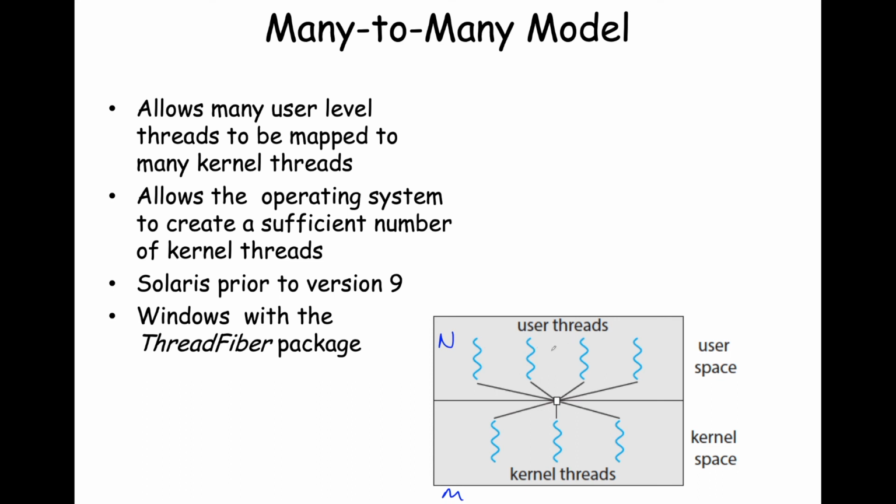Do what you want with it from the user space. And so in this case, the operating system is allowing you to create a sufficient number of kernel level threads. So you're bounding the number of kernel level threads, and then you're saying, okay, go ahead and take your budget of kernel level threads and use that to manage some number of user level threads, and you have complete freedom with the user level threads. And so certainly there's something called the Thread Fiber package in Windows that does exactly that.